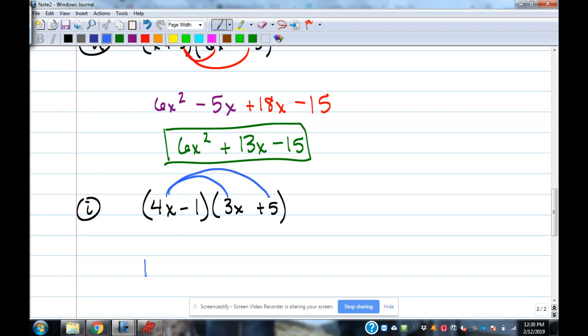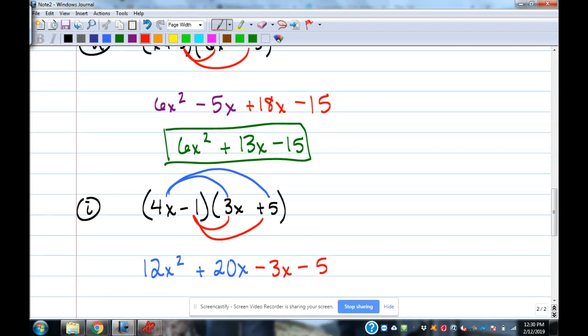So that'd be 12x squared plus 20x. And distribute the minus 1. So negative 1 times 3x is negative 3x. Negative 1 times 5, negative 5.